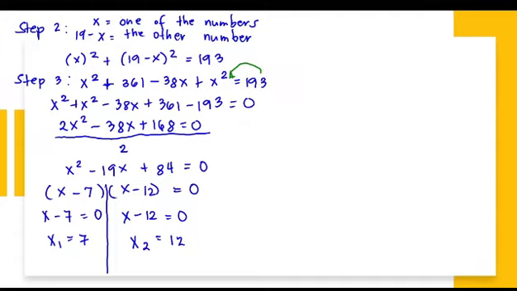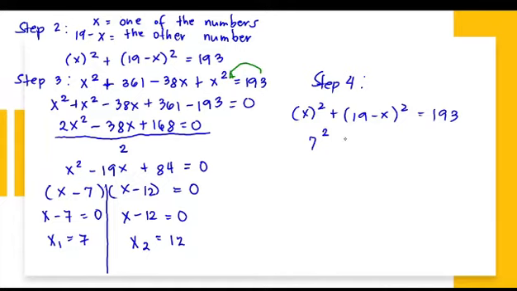So, step 4 tayo. Look back. Okay, so, sabi natin kanina, no? That is x squared plus (19 minus x) squared is equal to 193. Pero meron na tayo ng dalawang number. Papalitan na lang natin yan ng 7 squared plus 12 squared, dapat equal yan sa 193.